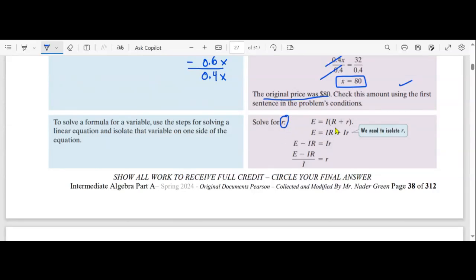For R. So in this case, I need this R. So I have to distribute the I. After you distribute the I, you isolate IR by itself, because I want R by itself. And after you get IR by itself, you divide both sides by I. And now you get how much is R? Equal E minus Ir over I. Is this clear? Come on.